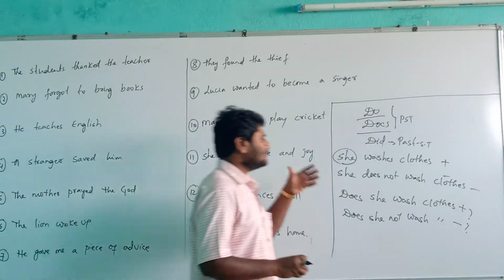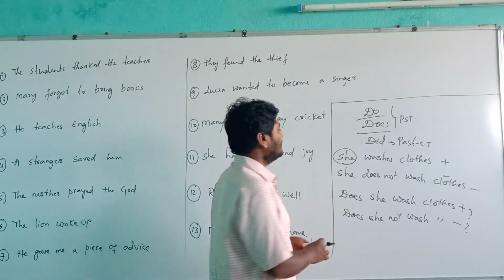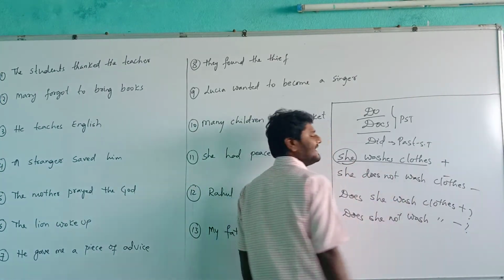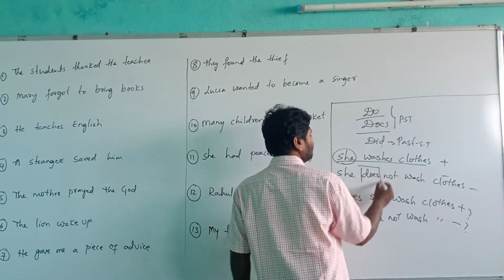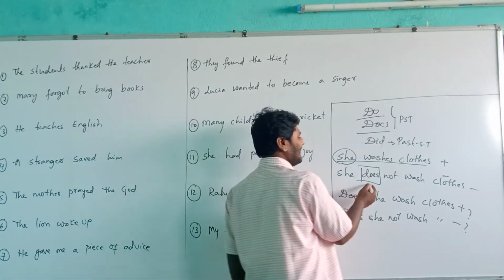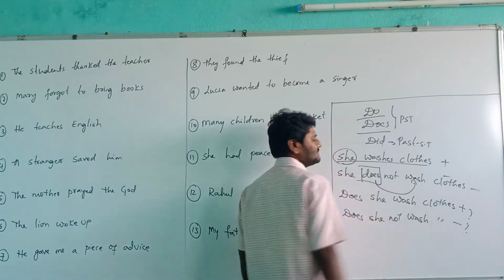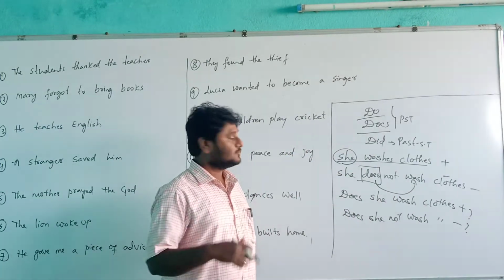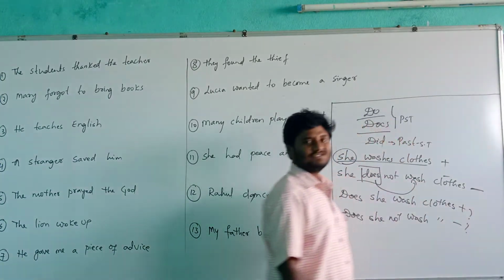So what you can understand here, when we have a positive statement, there is no use of do and does. But when we have the negative sentence, we have the usage of does. Now here it is acting like a helping verb. Now this does is helping wash to frame the negative sentence.